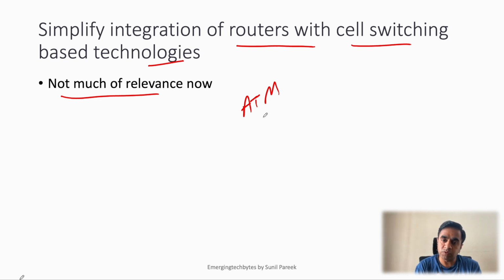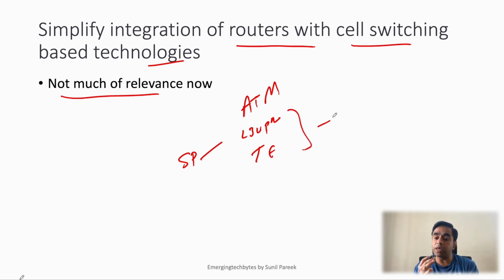But then why in the first place did I show you this? There was a reason. The reason was that SPs liked L3VPN or TE, all these applications very much, that they wanted to have everything on MPLS.